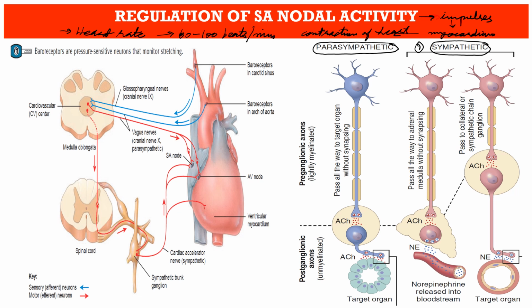Sympathetic nerves begin in the thoracic part of the spinal cord, specifically between T1 to T4 segments.